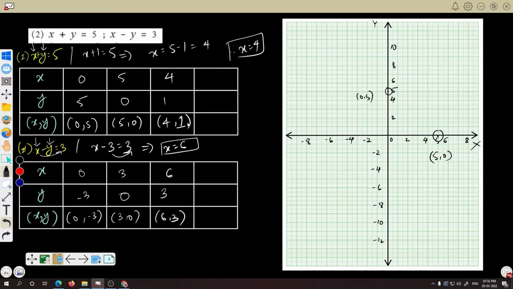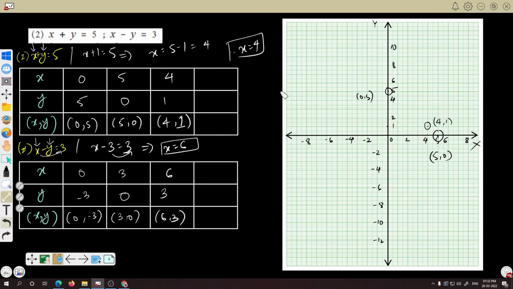Now the last point for the first equation is 4 comma 1, which means x coordinate is 4 and y coordinate is 1. So on the x axis this is 4, and exactly between 0 and 2 on the y axis this point is 1. If I mark this point, this will give me 4 comma 1.